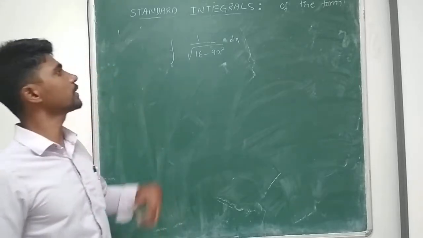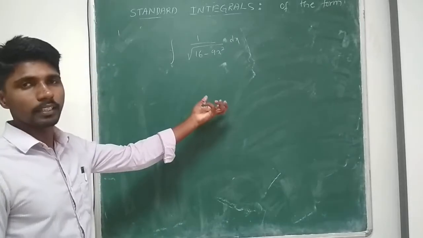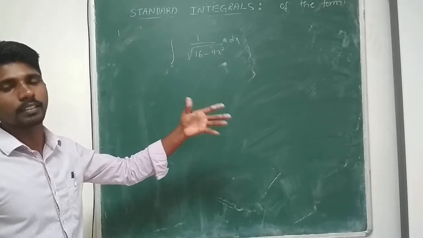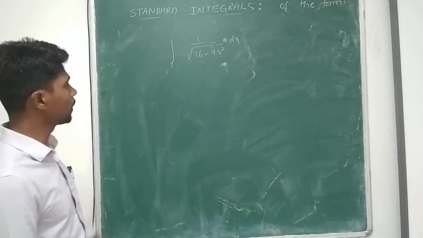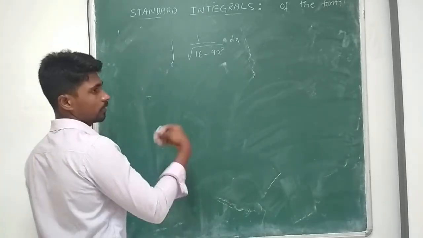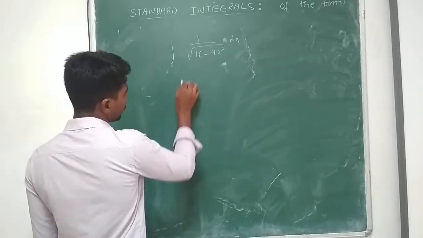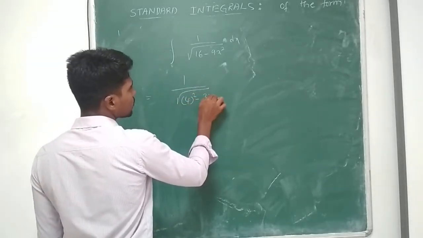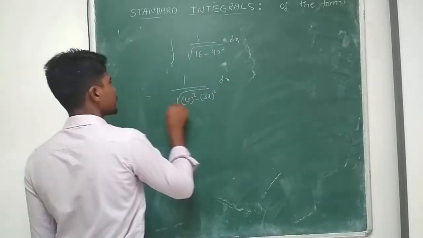In place of x, if I assume ax, then I have to divide by the quotient of x. For that purpose, it will be reduced to the form 1 by root over 4 square minus 3x the whole square dx.